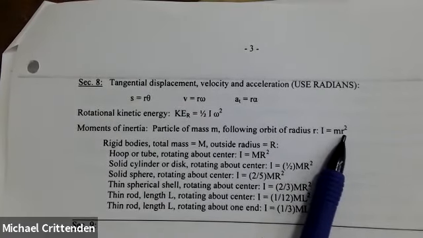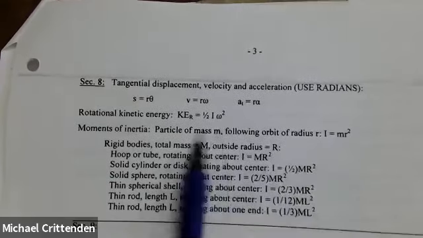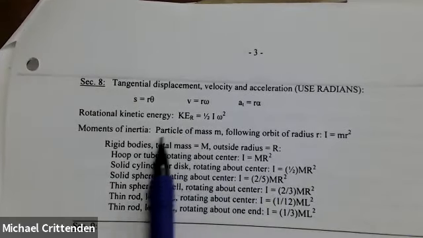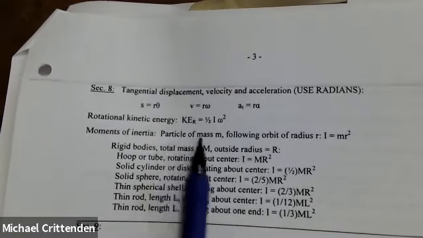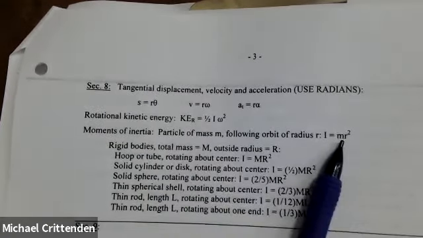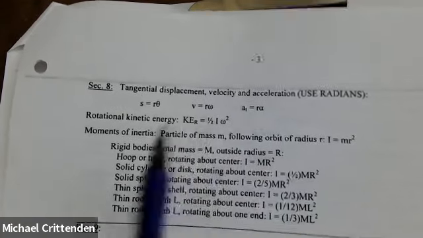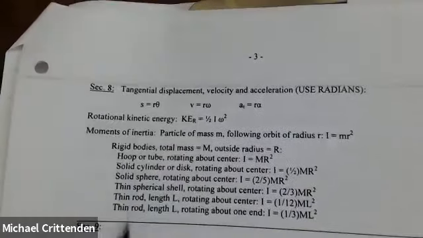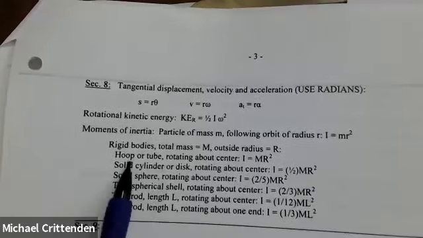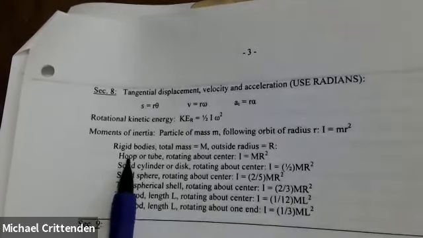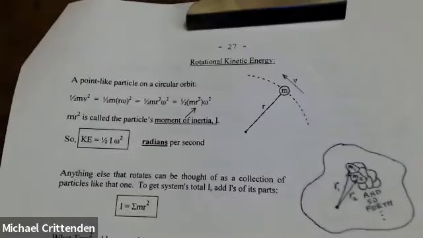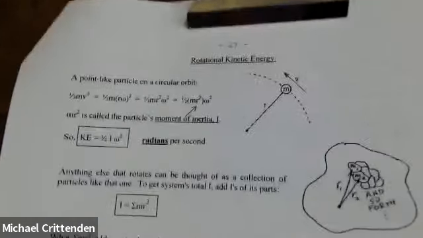The little r here does not stand for the radius of the object. I'm assuming the radius of the object is 0, okay? A very small particle. r is the radius of the path it follows. And as for other sorts of things, well, if you have a hoop, all of the pieces, maybe I should draw a little sketch.